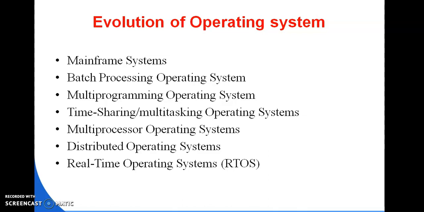Next is your batch processing operating system. This type of operating system accepts more than one job, and these jobs are batched and grouped together according to their similar requirements. This is done by the computer operator.